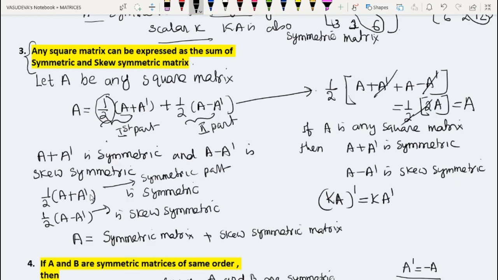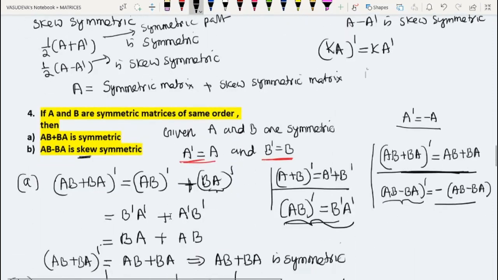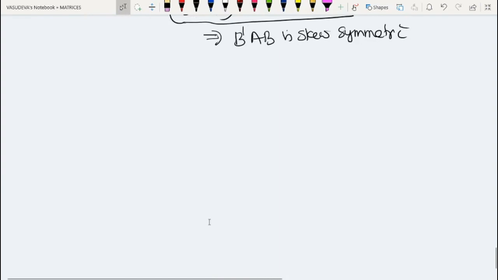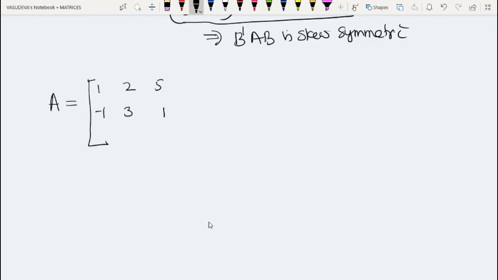Any square matrix can be expressed as the sum of a symmetric and a skew symmetric matrix. That means if you take any matrix, for example, if you take a matrix like this, expressing this 1 2 5, minus 1 3 1, 2 3 minus 1, it looks like this.